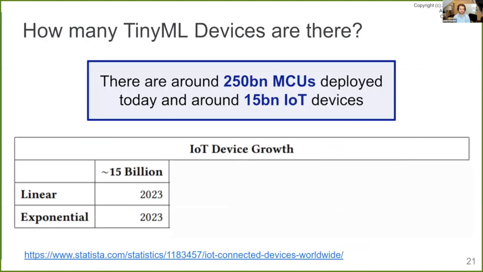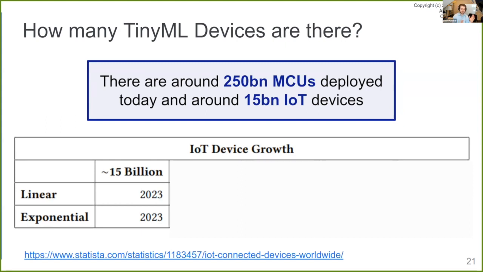So the first thing we did is we were thinking about how many TinyML devices there are and how we might come up with some estimates. There are around 250 billion microcontrollers deployed today and around 15 billion IoT devices. And since IoT devices are a really good proxy for TinyML devices, yes, not all of them can do TinyML, but you can imagine that those are the sort of devices that will be the first ones to become TinyML devices.